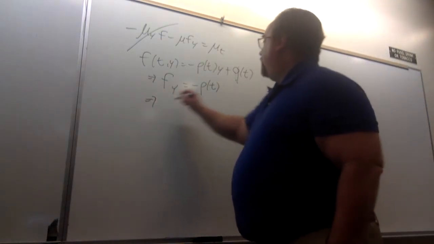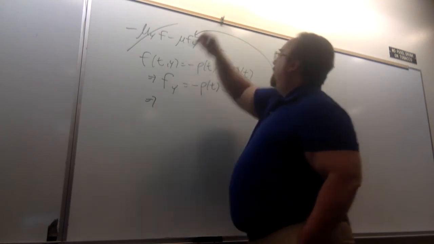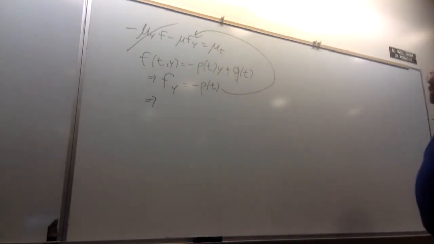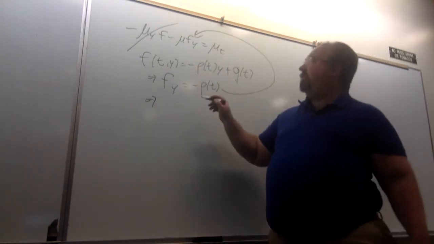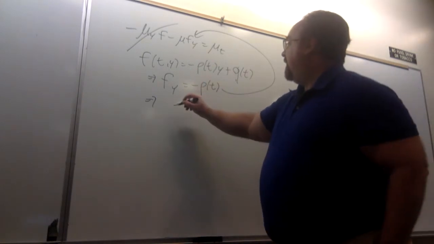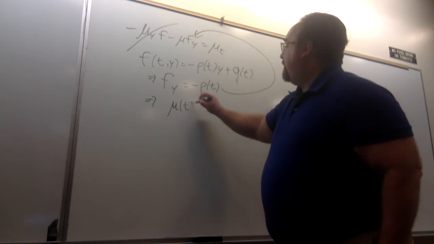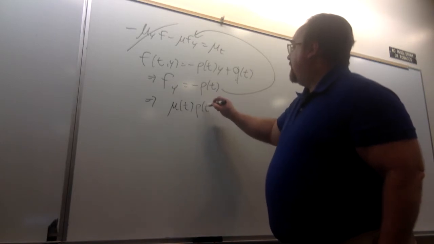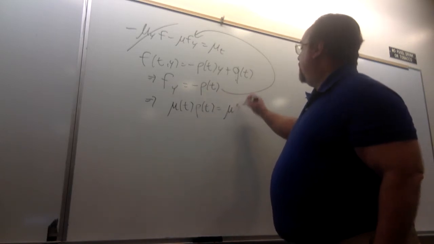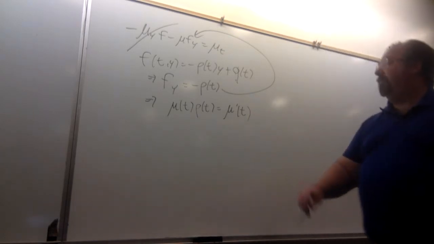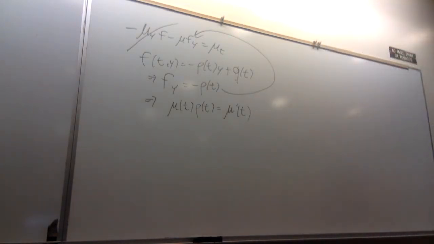So now I will take this and substitute it in here. The minuses will cancel. And what's left is mu of t, p of t is equal to mu prime of t. Okay.